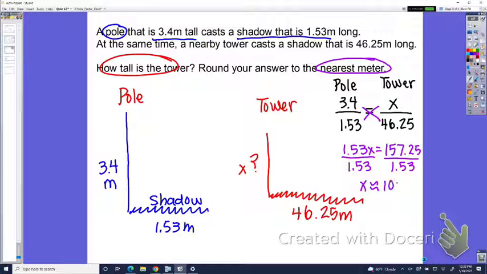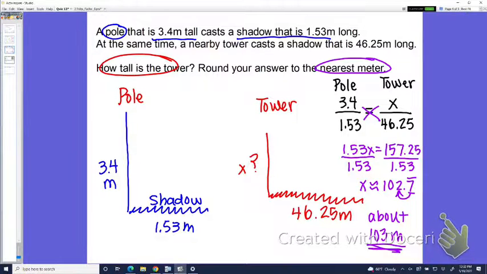On my calculator, I get 102.7 repeating, but the 7's going to bump that up to about 103 meters. So pay attention to the rounding.